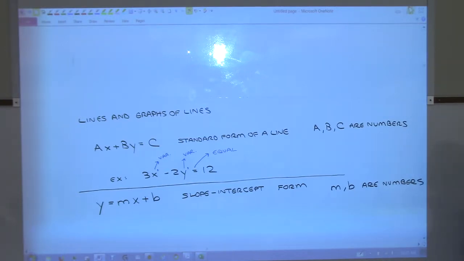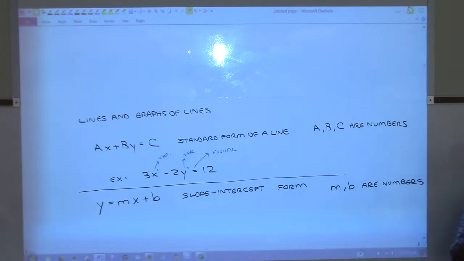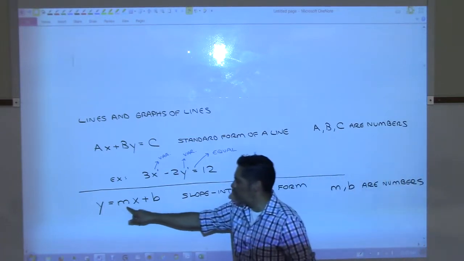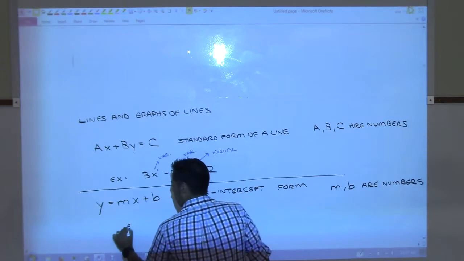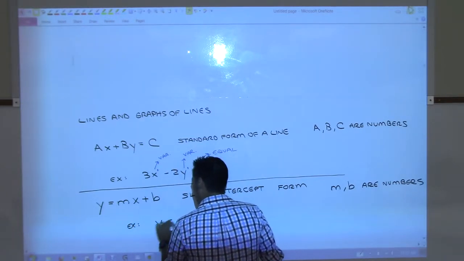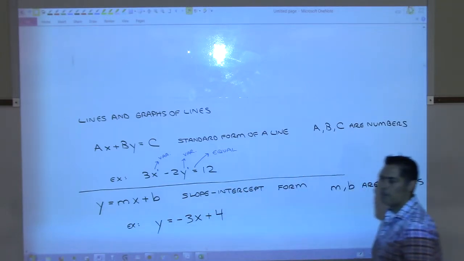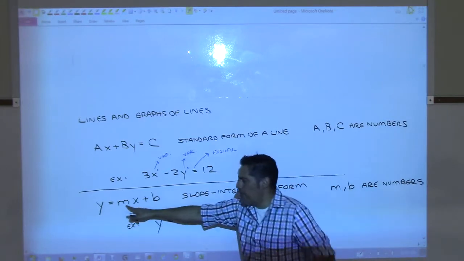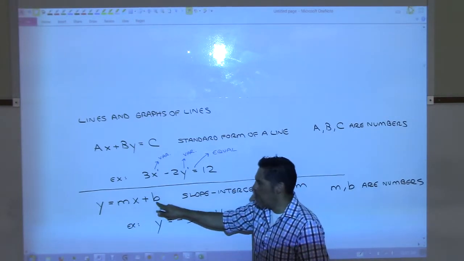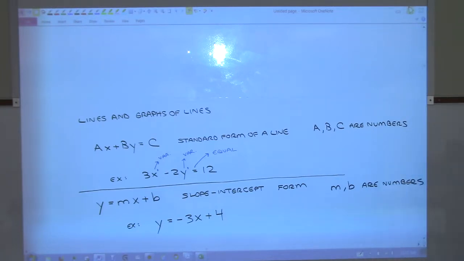We have an equal sign, right? Do we have x and y in there? Two variables? Yes? Okay. And then these are numbers. So I'll give you a specific example of this one: y equals negative 3x plus 4. All right? So now what I've done is I've replaced this m with some number I've made up, and I've replaced the b with some number I've made up, in this case negative 3 and 4 respectively.